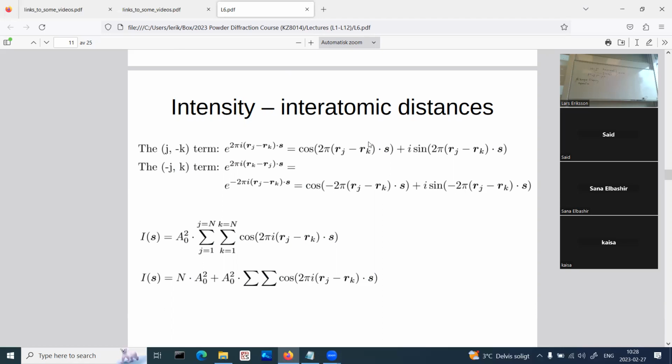They will sum up to zero, but the cosine terms will stay. So we can write the intensity as a summation of only cosine terms. Now the imaginary i disappears, since there is only cosine, so this is the real quantity.